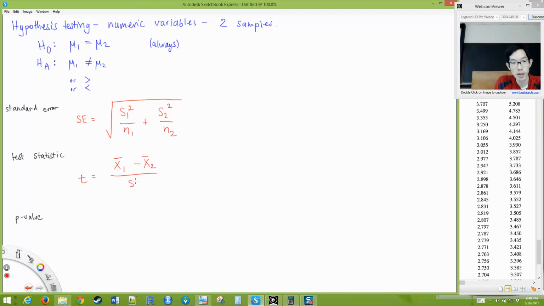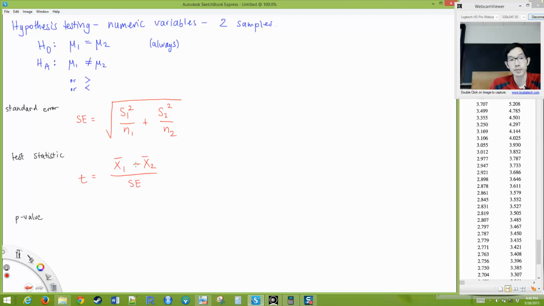Okay. So even here we can see parallels between this and when we did hypothesis testing for 2 samples with p's, right? We had p hat 1 minus p hat 2 over the standard error. Here, because we're dealing with means and not proportions, it's x bar 1 minus x bar 2 over the standard error. Okay. P-value, same thing.